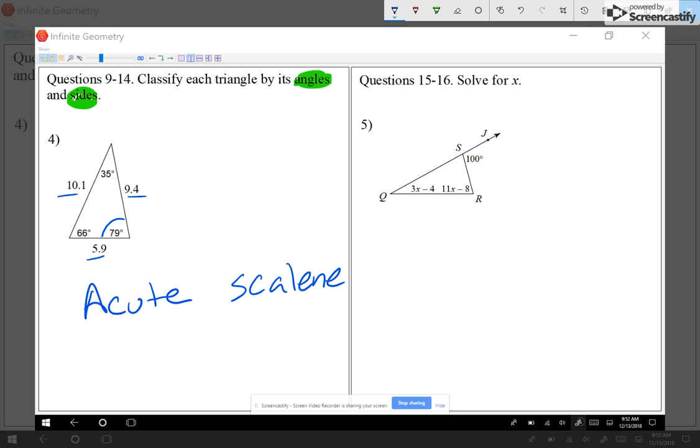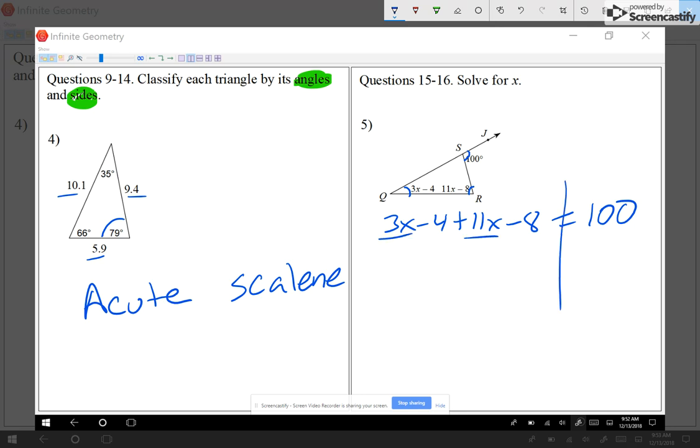Now, looking at question number 5, I have angles Q and R, which are inside the triangle, but then the 100 degrees is outside. So I'm going to add the 2 angles on the inside, 3x minus 4 plus 11x minus 8, and it's equal to the angle on the outside. Sometimes the angle on the outside has an x.